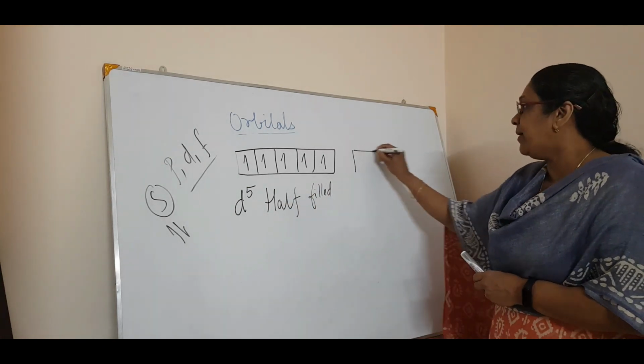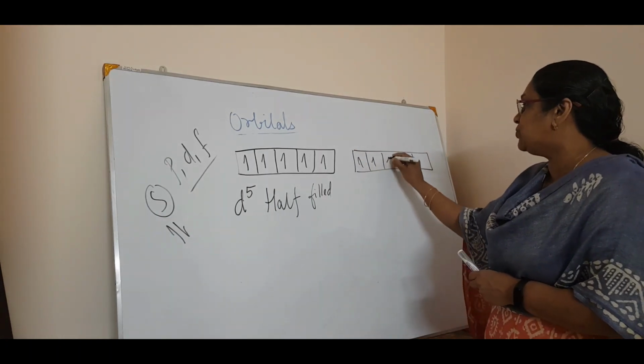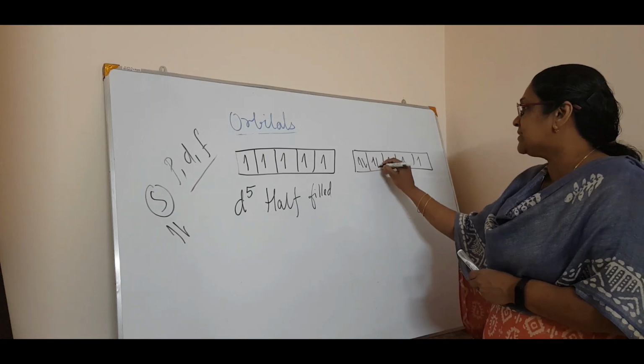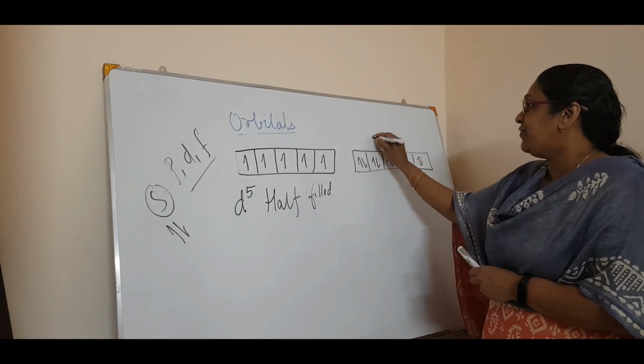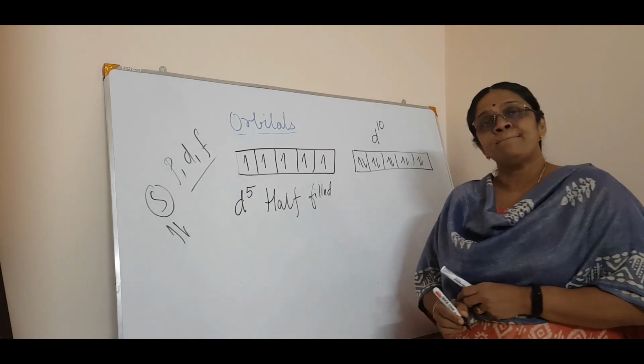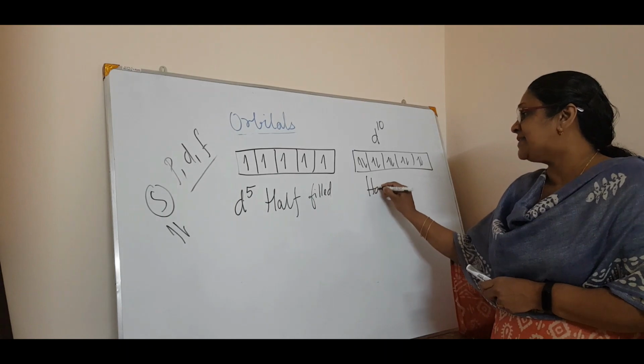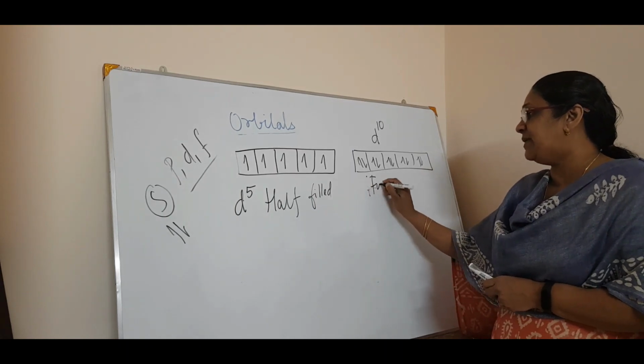In the same way, if it has 10 electrons, that is a d10 electronic configuration, it is called full-filled stability.